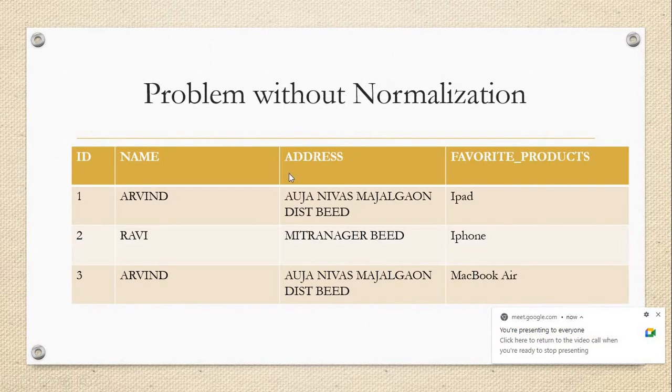Now just carefully look at this program, the problem without normalization. So for example, here I have created a table by using create database. After that I will create a table. After that I will insert data into that table. If you want to update the data, then I will update it. If you want to delete the record, then I will delete it. These are the very basic operations that we can perform easily.